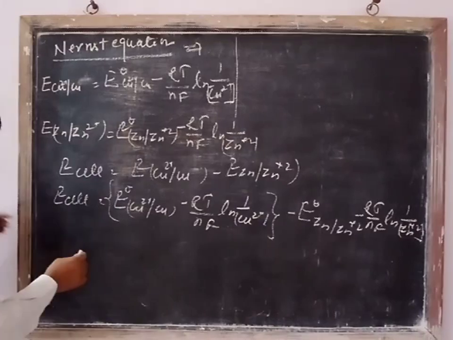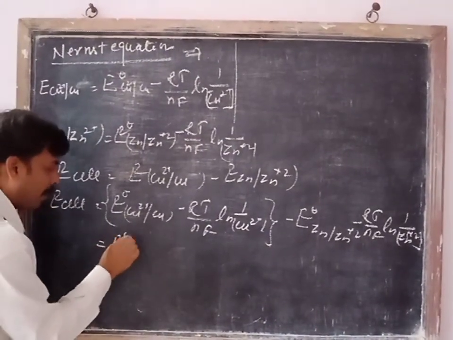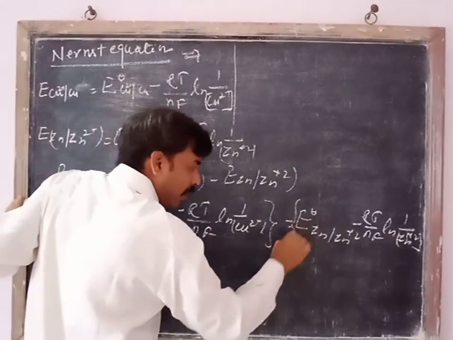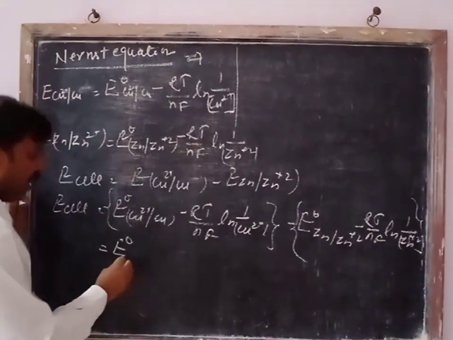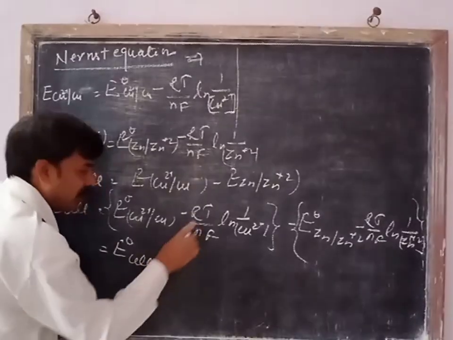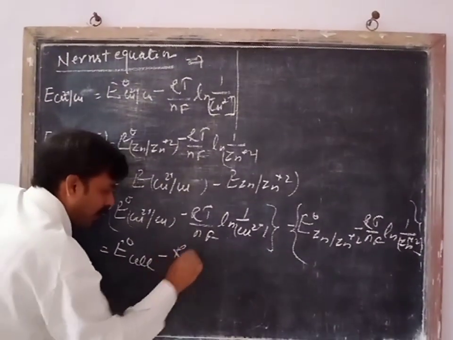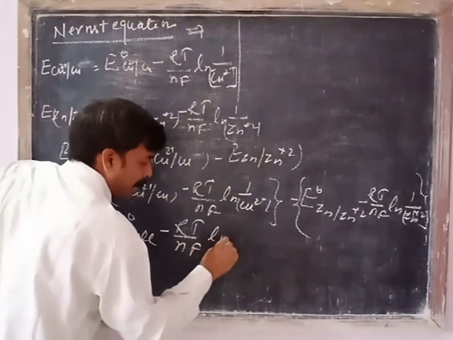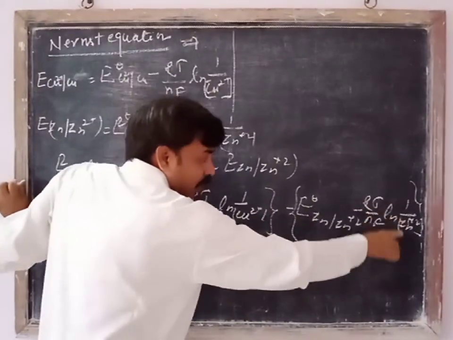Now by solving we get E° cathode minus E° anode, which equals E° cell, minus RT/nF, which is common, times ln 1/Cu minus ln 1/Zn.